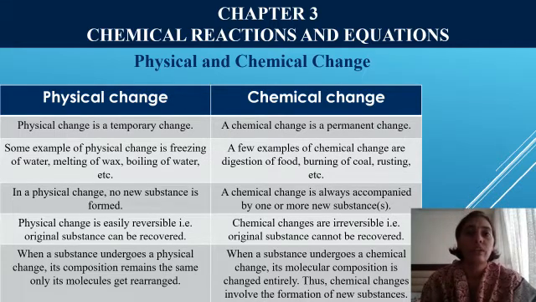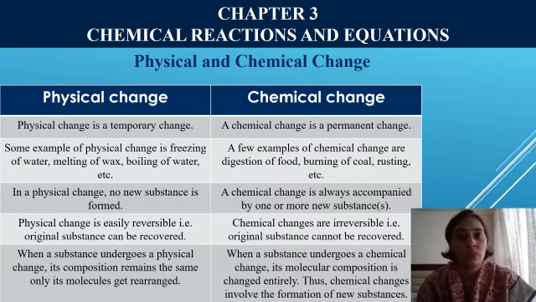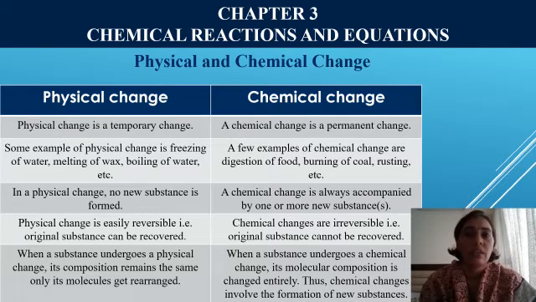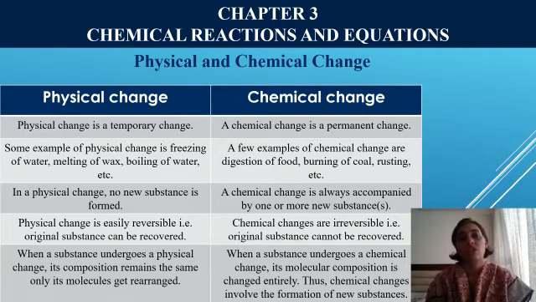But vapor when condensed gets back to liquid state, that is water, and water when refrozen gets converted into solid ice. So it's a reversible process, a temporary change that has taken place, and we can easily get back the substances. So it's a temporary change.